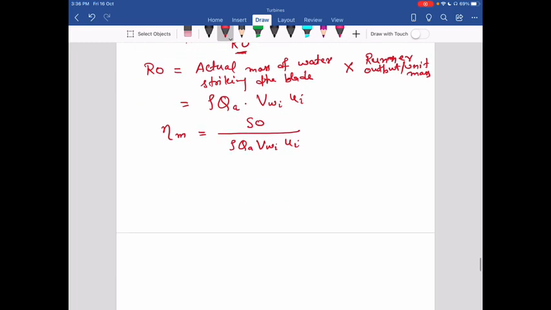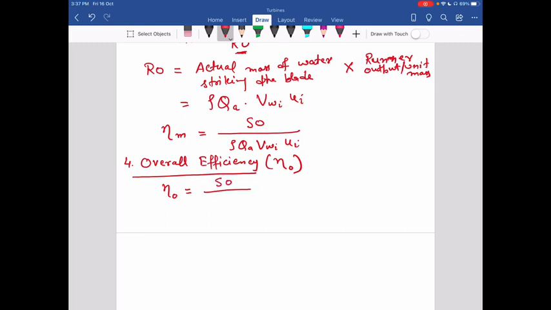Then the last is the overall efficiency, eta O. This efficiency accounts for all losses that occur in the turbine, and it is the ratio of shaft output to the available power.